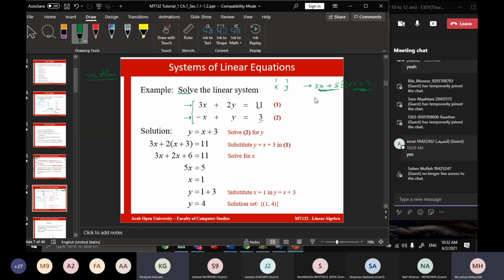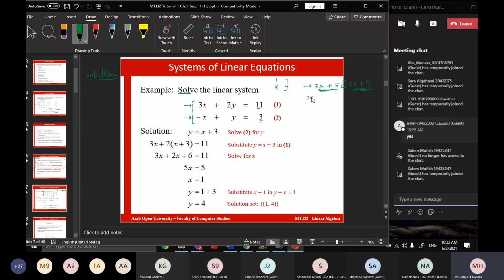So what we do, actually, it is 3x plus 5, so I'm going to subtract 5 from both hands to make the x alone. 2x plus 9 also minus 5. So that will give us 3x is equal to 2x plus 9 minus 5, which is 4, right? Plus 4. And also, to put the x in one hand, I'll subtract 2x from here and 2x from here.